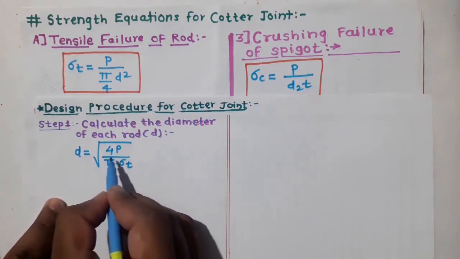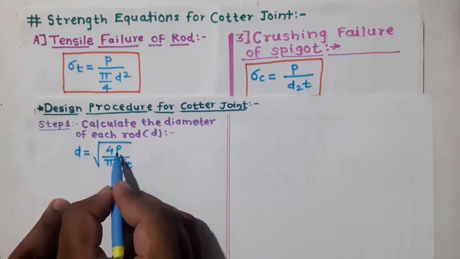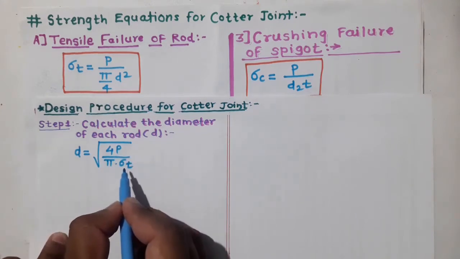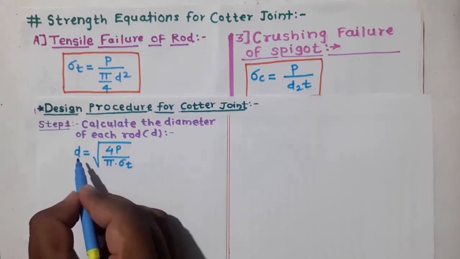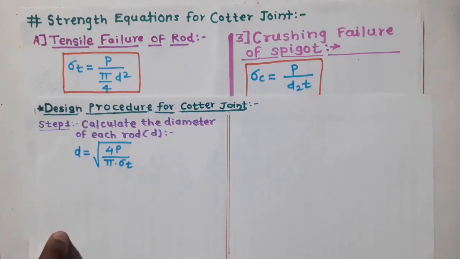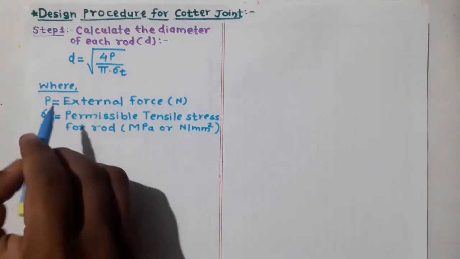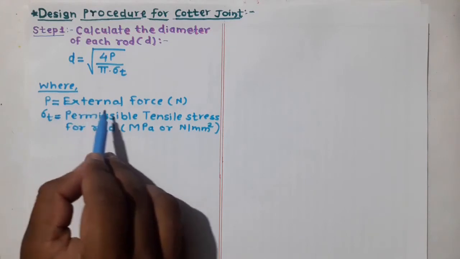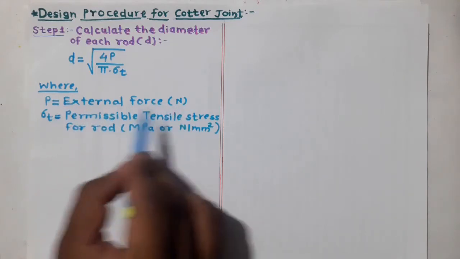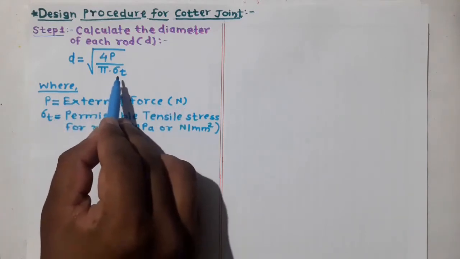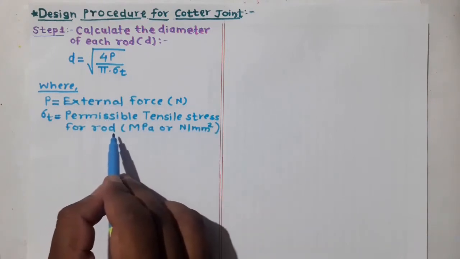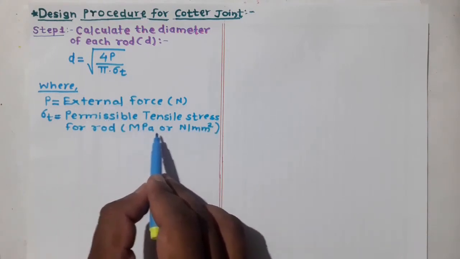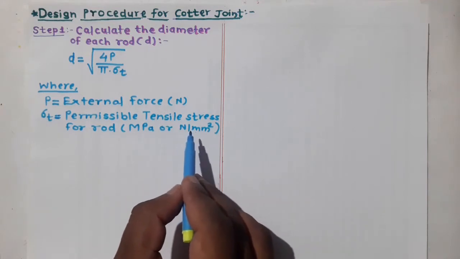In this equation, if we put P, that is the external applied load, and sigma t, the permissible tensile stress in megapascal or Newton per mm square, you can get the answer of small d in mm. So you can write here where P is equal to external force in Newton and sigma t is the permissible tensile stress for the rod material, in megapascal or Newton per mm square.